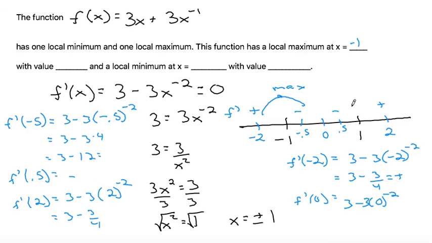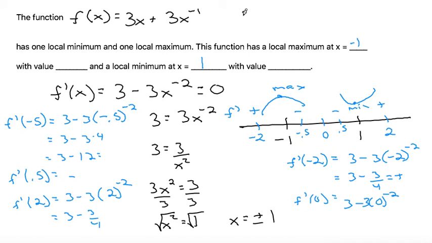And then here the function decreases and then increases, so this would be a minimum. So our minimum is at x equals 1. But now to find those values, we need to plug them back into the original function.